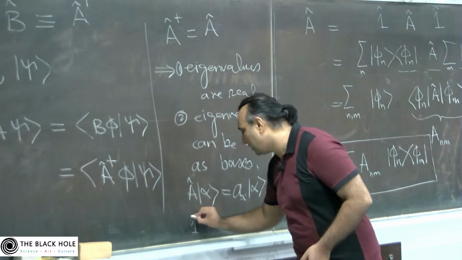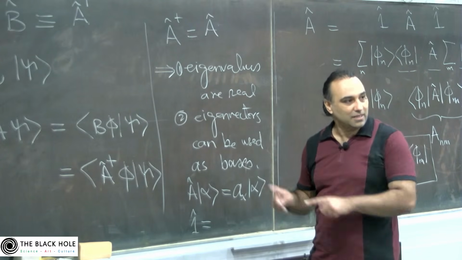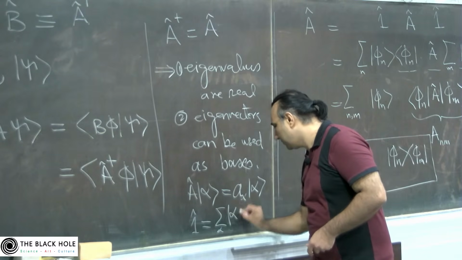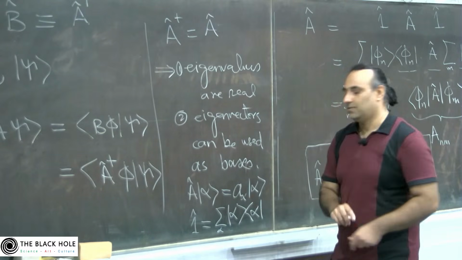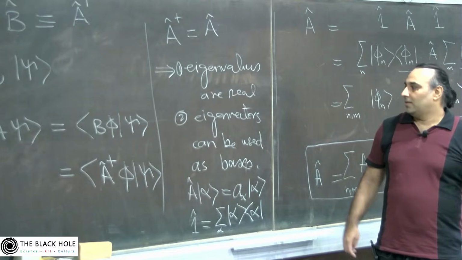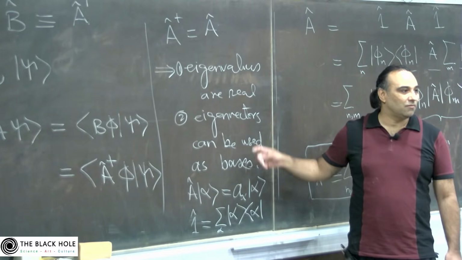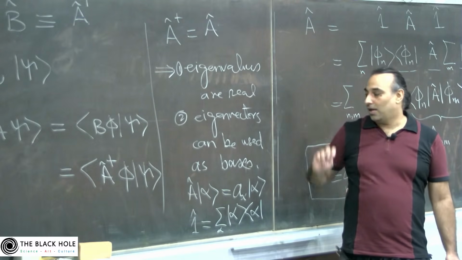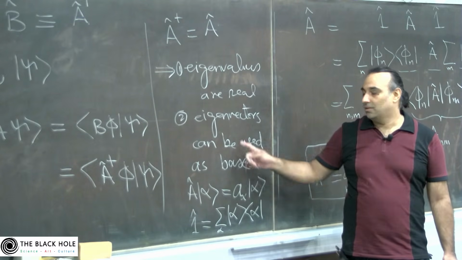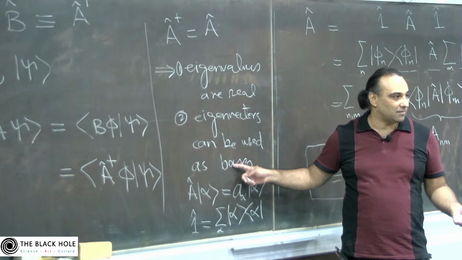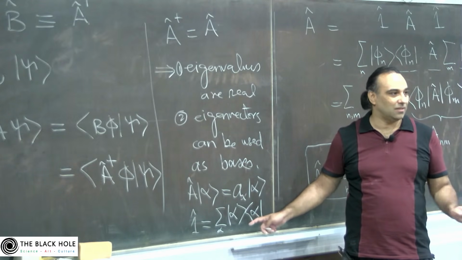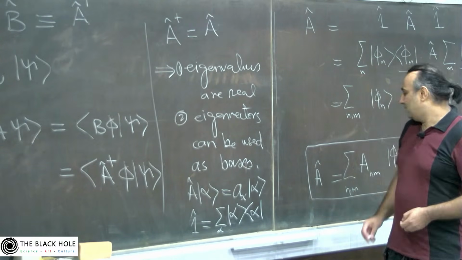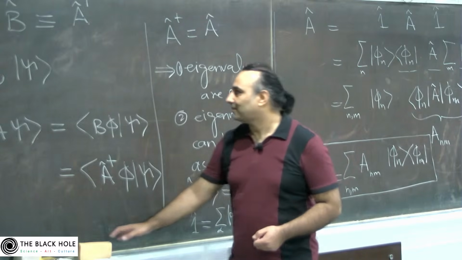That means we can write the resolution of identity in terms of these, like that. So for quantum mechanics, we will have Hermitian operators, and we will be using their set of eigenstates as a basis quite frequently, especially for Hamiltonian operators. Okay.